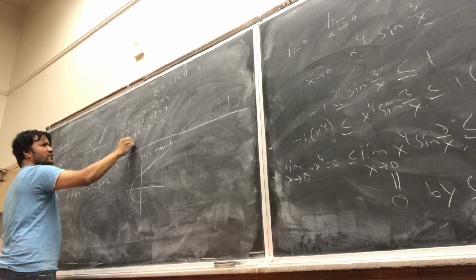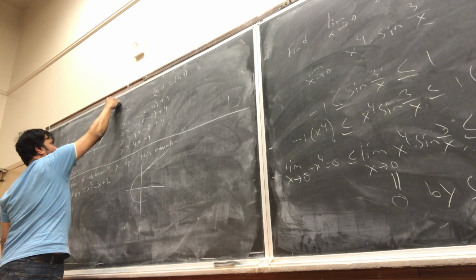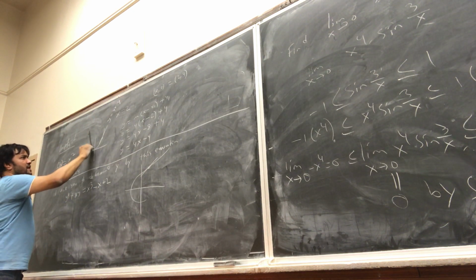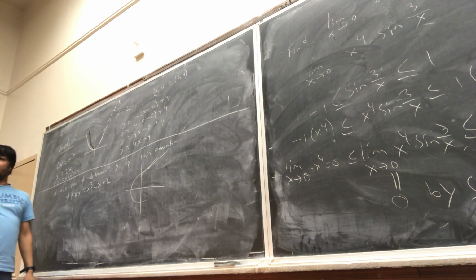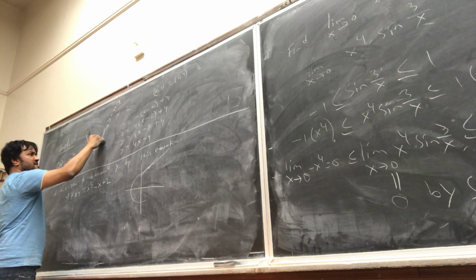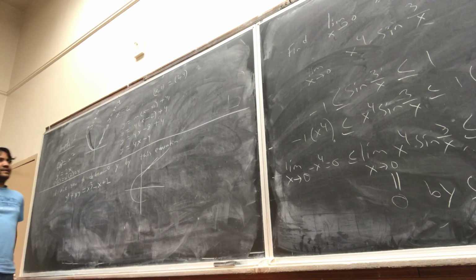So y is equal to 4x minus 4. This would be the equation of the function or the equation of the tangent line? Equation of the tangent line. What about the equation of the function? X squared. Okay, that's good.